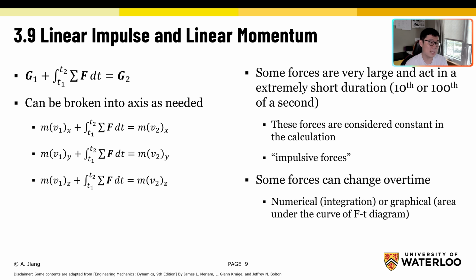Sometimes forces change over time if we are considering a longer period of time. Then we need to properly do the sum of F dt part with integration, or you can use graphs, if a graph is provided, to calculate the area under the curve, which is the same as doing numerical integration.